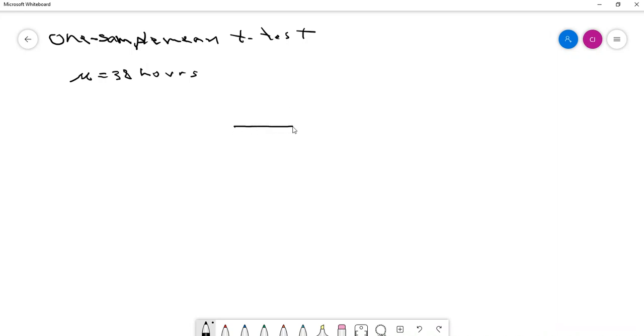You can also use hypothesis testing, even though it's set up the same way. I'm going to draw a normal curve. This is our sampling distribution of the means, which as n increases becomes more and more normal. The 38 hours we're going to put right in the middle here. Again, we're not testing to see if this is true. We know that it's true.